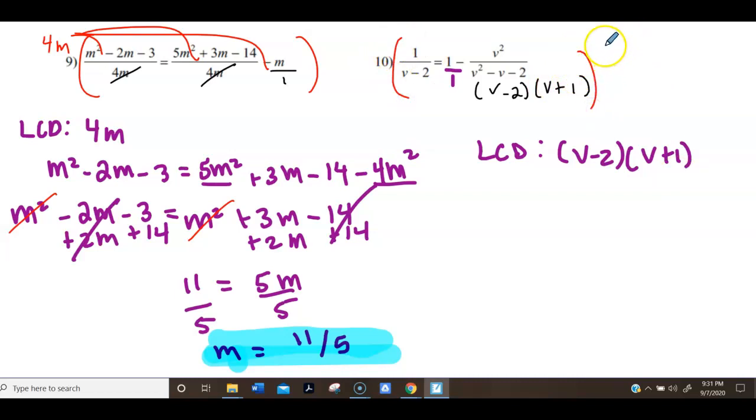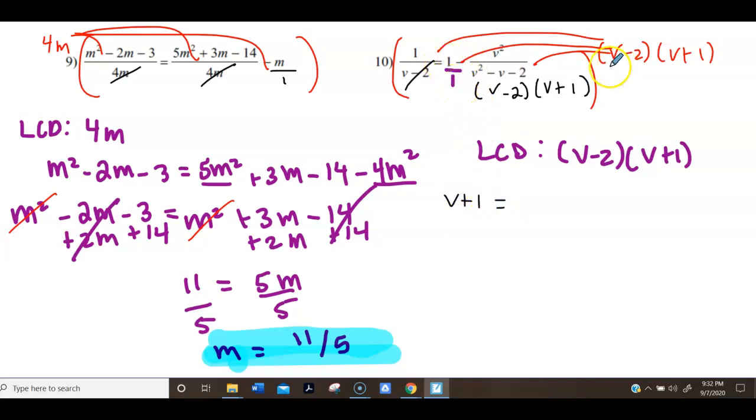So this is going to help me cancel all of my denominators. I'm going to multiply the whole thing by, I'm going to put it on this side, V subtract 2 and V plus 1. Multiply every part of the equation by this same thing. So V minus 2 and V minus 2 are going to cancel. That's going to leave me with 1 times V plus 1, which is simply V plus 1, equals.